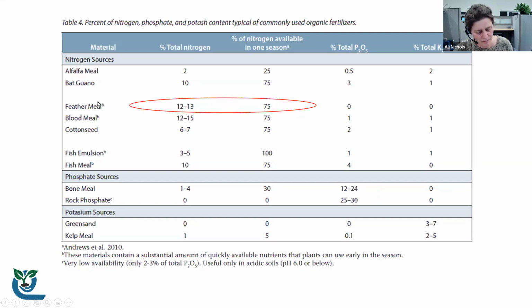The analysis for feather meal comes in on the bag at 1300, but Doug here is telling us that actually just 75% of that nitrogen will be available during the first season. So we're going to want to make an adjustment in our understanding of the analysis of that feather meal and make sure we plug that into our calculator.